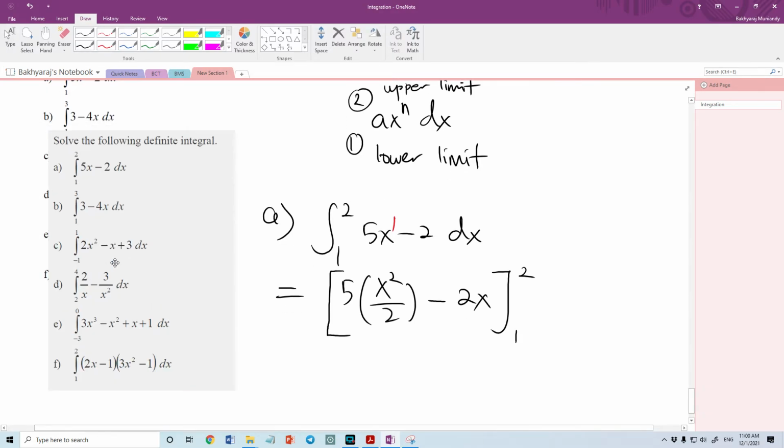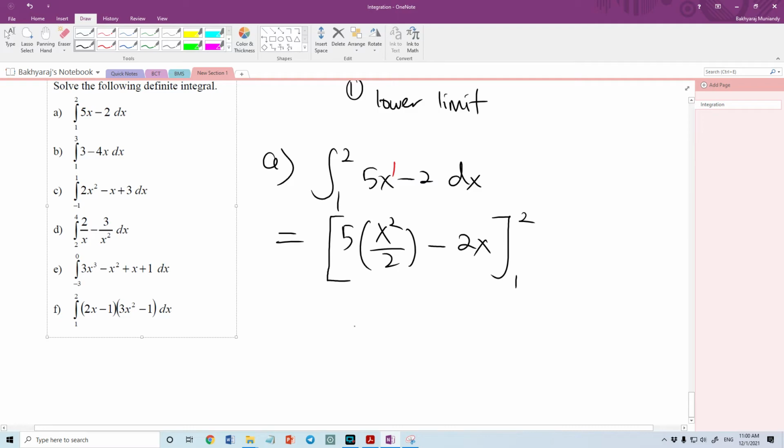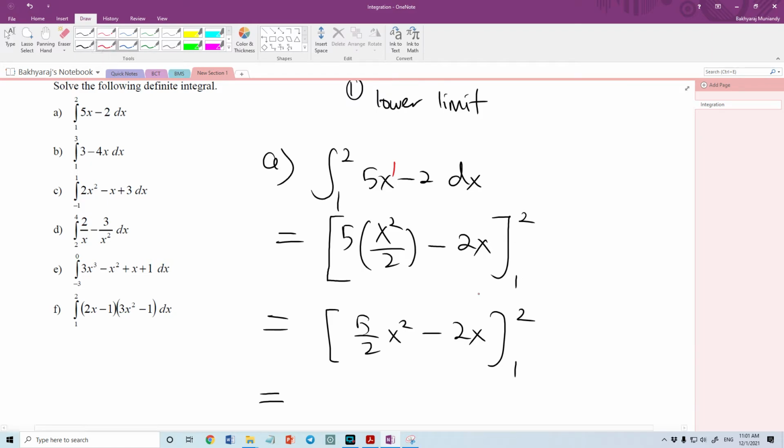Okay, so we continue with this. Better we simplify, right? So if we simplify, you get 5/2 x squared minus 2x, and then you have limit 1 to 2. Now you substitute one by one. First you start with the upper limit, and then number 2 go for the lower limit.